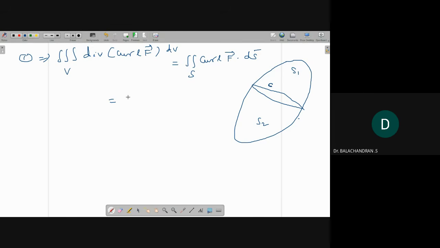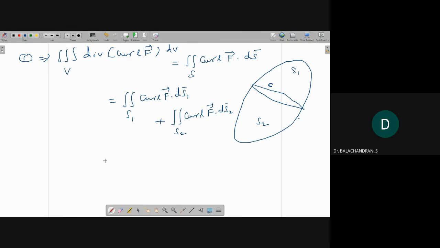Now, I am going to use Stokes theorem. Instead of writing S, I will write S1: the double integral over S1 of the curl of the vector dot dS1 vector, plus the double integral over S2 of the curl of the vector dot dS2 vector.